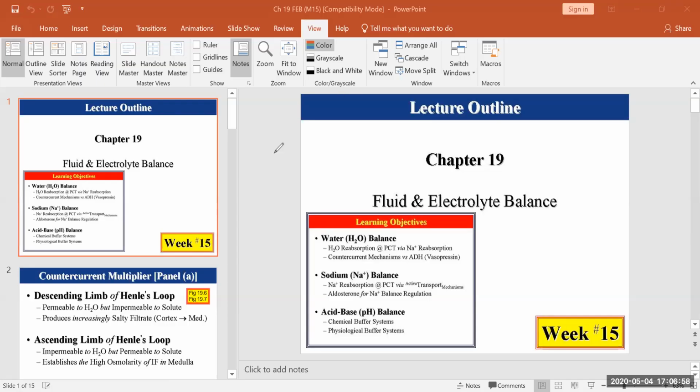Okay, so for this chapter, we're going to go over again understanding how our kidneys are maintaining a homeostatic balance of fluid, in this case water, and electrolytes, most importantly sodium.